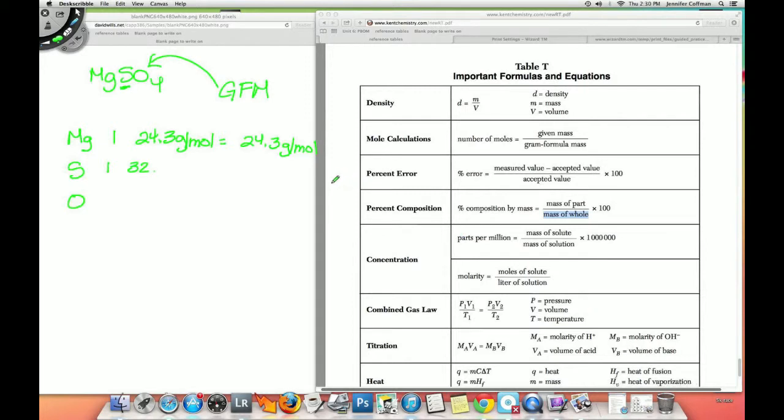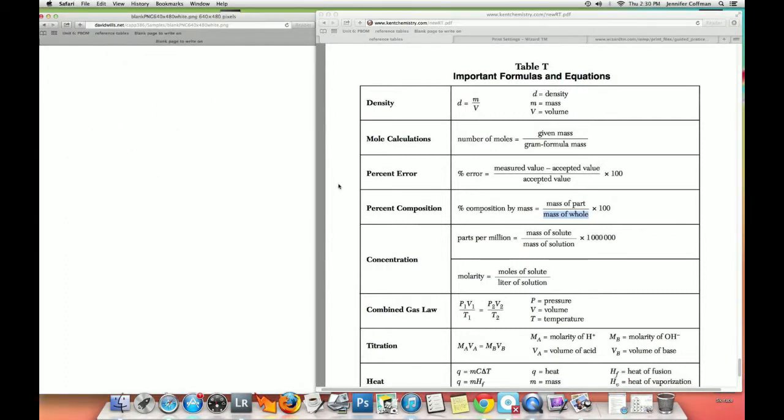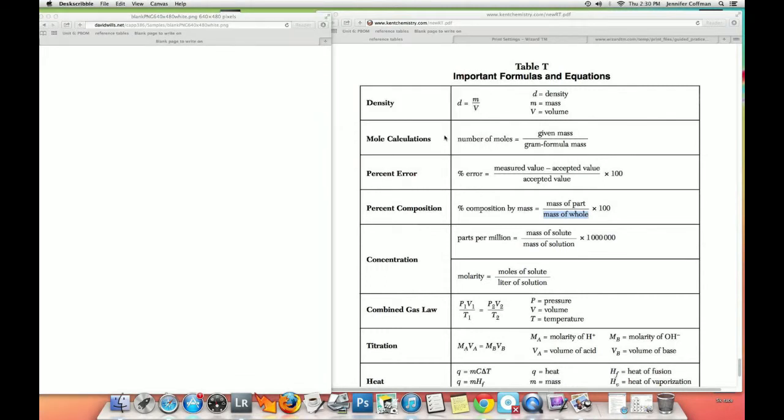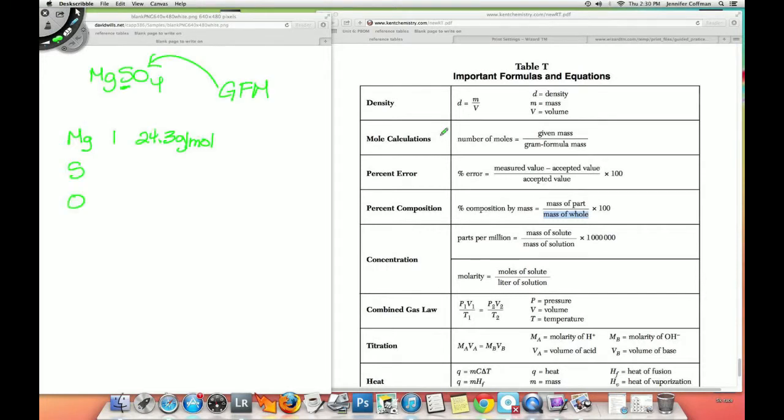My pen just froze again, so let's give it a second to reboot itself. We're getting all of your masses from your periodic table. You have to have your periodic table out on the desk so that you can look these things up.